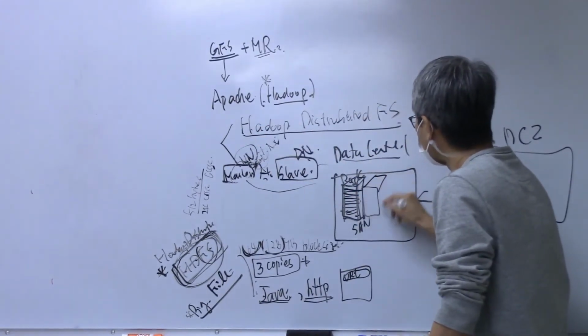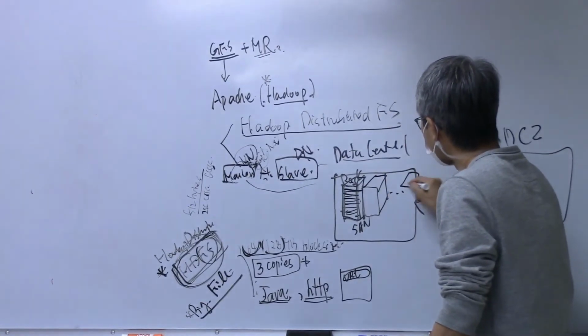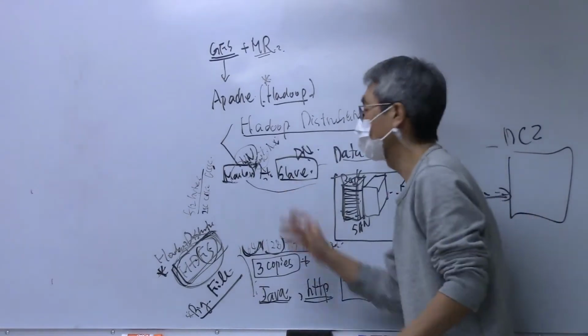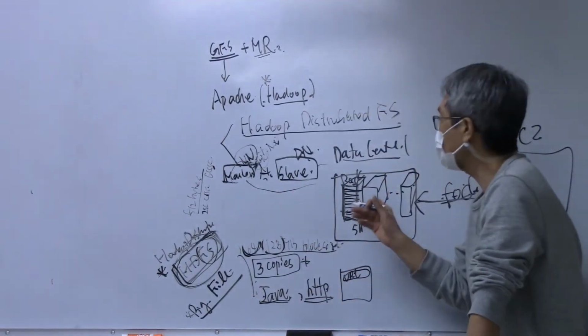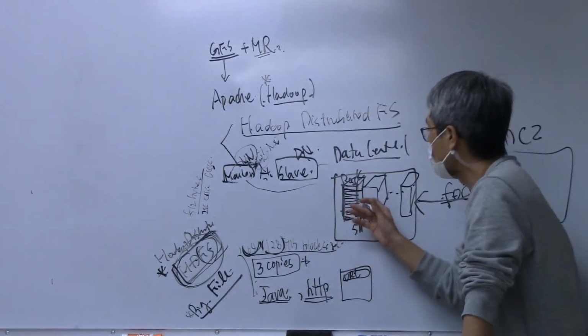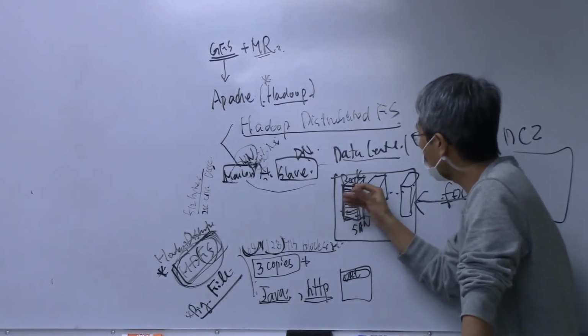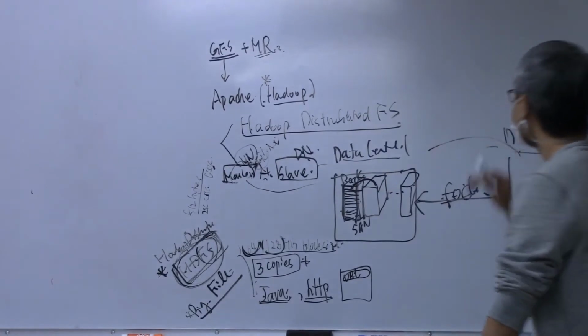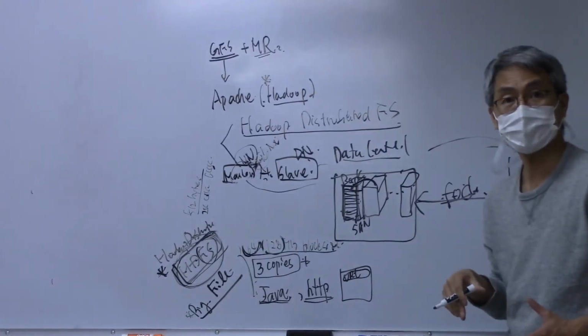Then you have a number of such racks. Sometimes Hadoop calculates the topological distance between computers in the same rack, between racks, and between centers.